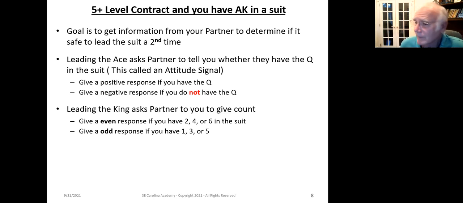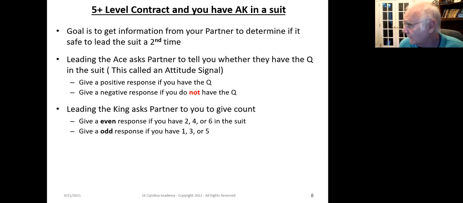For example, if you've got three, the dummy's got three, and your partner gives a signal that says they have an odd number, the probability is extremely high that the declarer also has two, because 3 plus 3 is 6, 3 more makes 9.